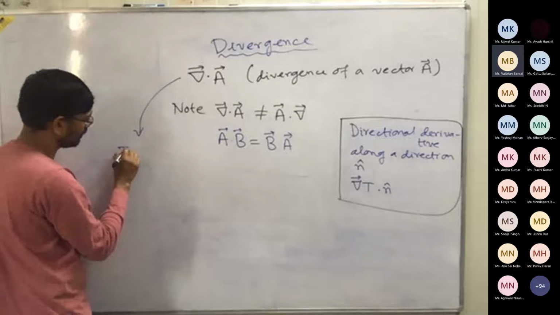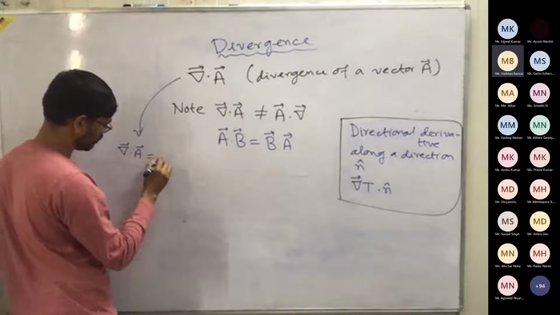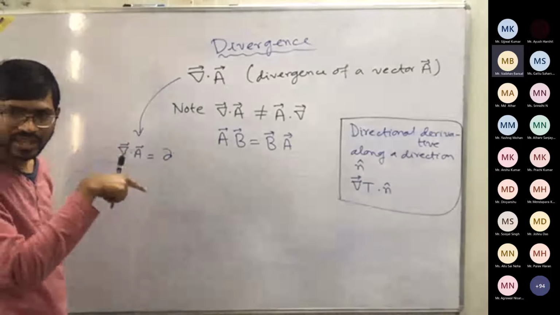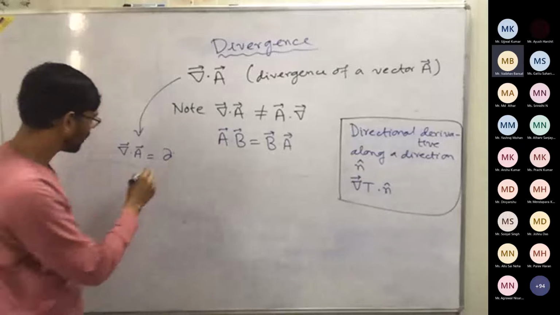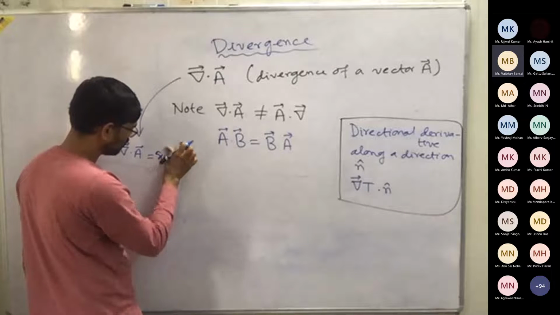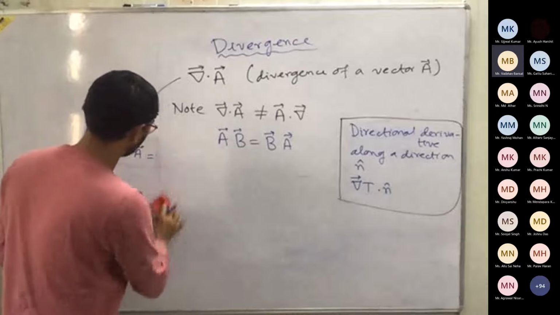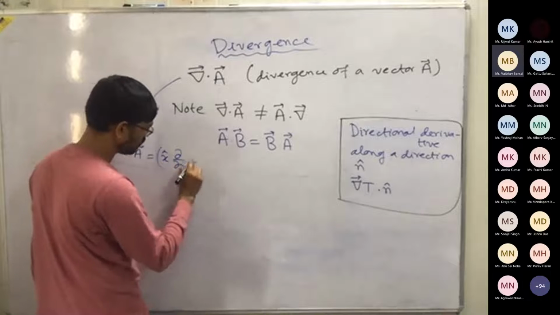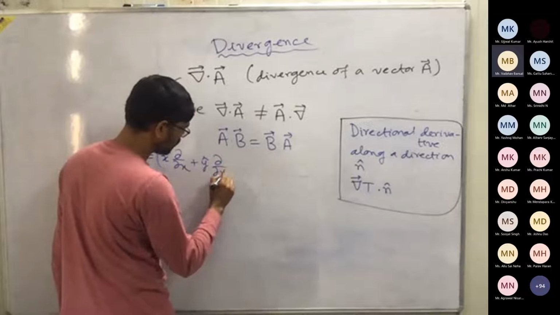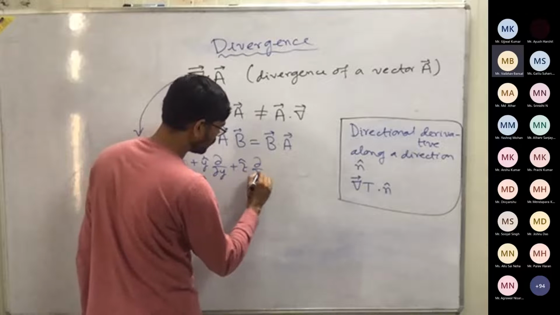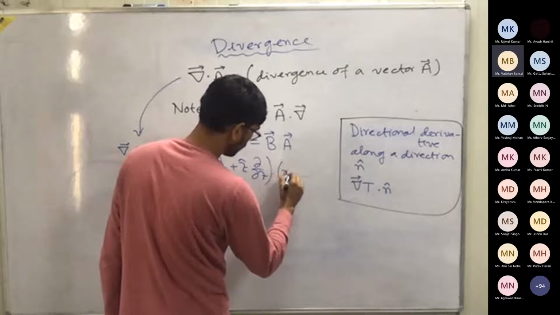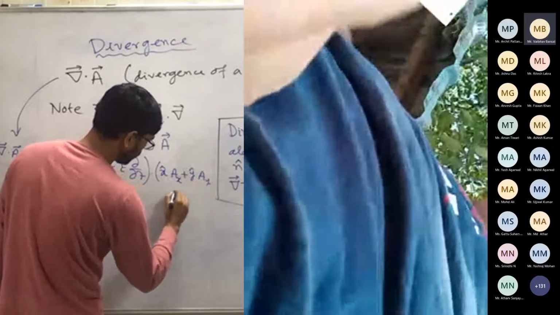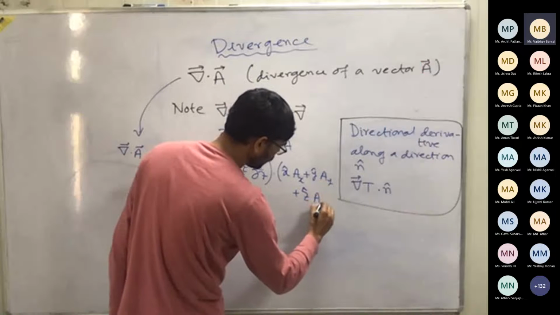Here I'll write del dot A is equal to del, so this one is x cap del del x plus y cap del del y plus z cap del del z, dot product x cap Ax plus y cap Ay plus z cap Az.